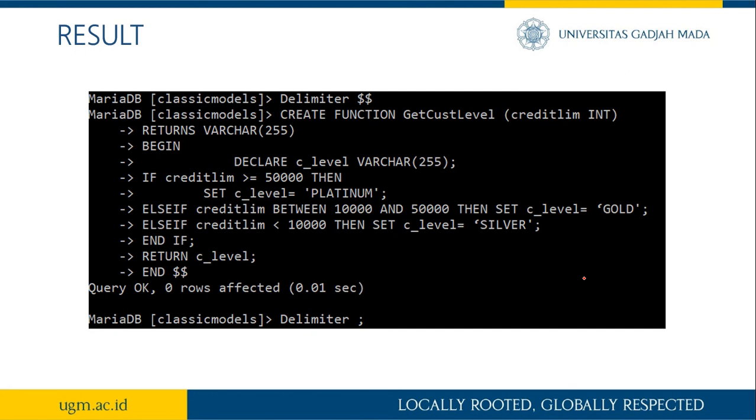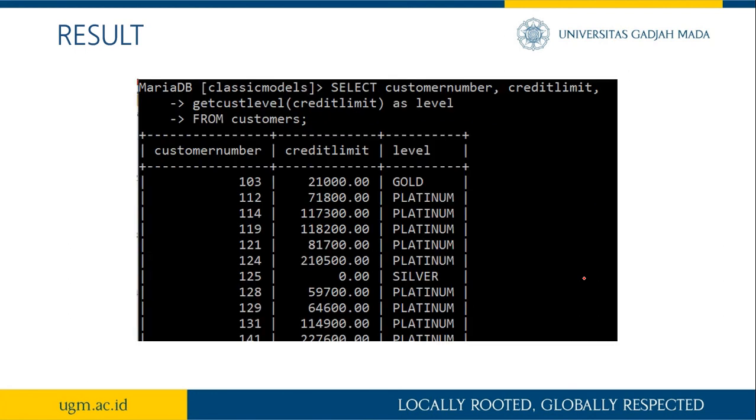So this is the code, and I'm going to call the function within the select query. I will select the customer number as well as the credit limit, and then call the function inside the select. So as you can see, select customer number, credit limit, as well as the result of the get customer level, and I will pass the credit limit here and name it level.